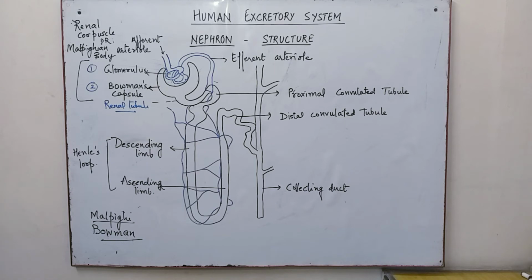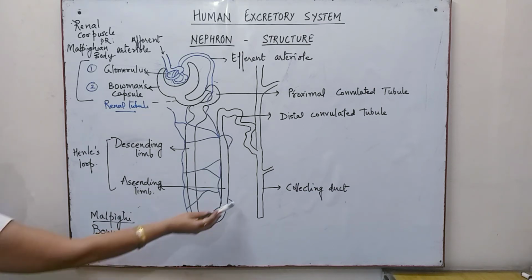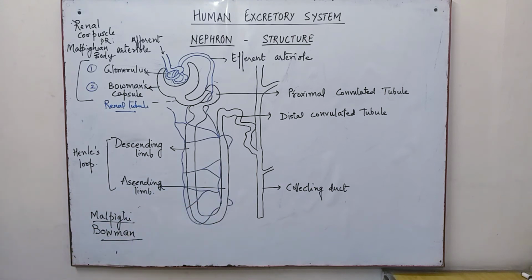It actually helps regulate the pH of the urine. The cells lining the DCT are simple cuboidal cells. The DCT of several nephrons opens up into a single tube, which is known as the collecting duct. So this enters into the collecting duct over here.